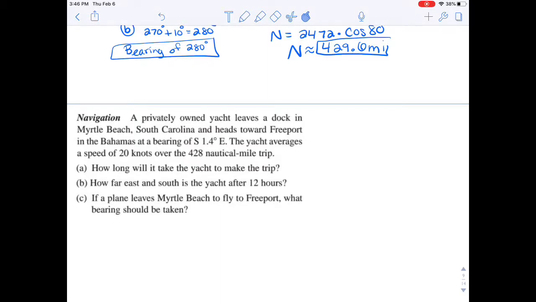The yacht averages a speed of 20 knots over the 428 nautical mile trip. A, how long will it take the yacht to make the trip? B, how far east and south is the yacht after 12 hours? And C, if a plane leaves Myrtle Beach to fly to Freeport, what bearing should it take?